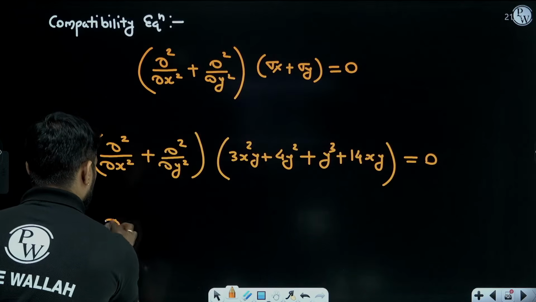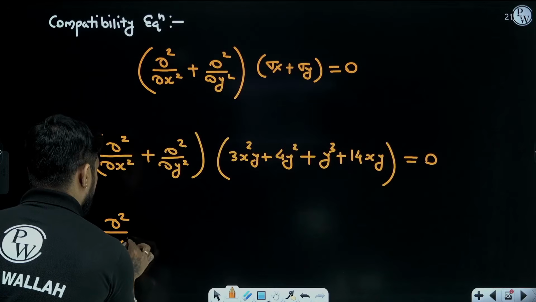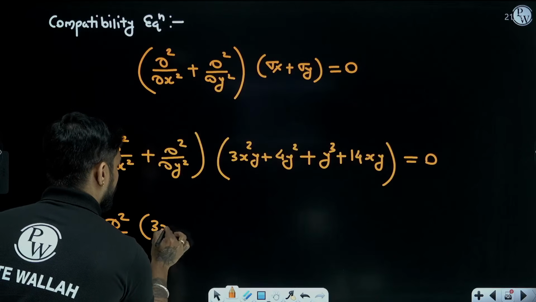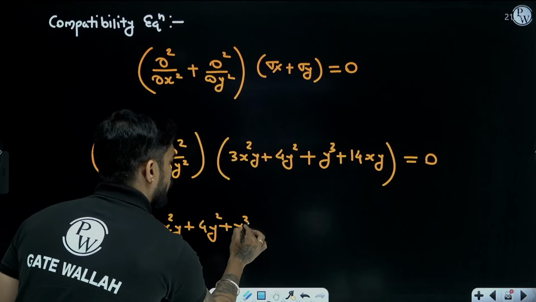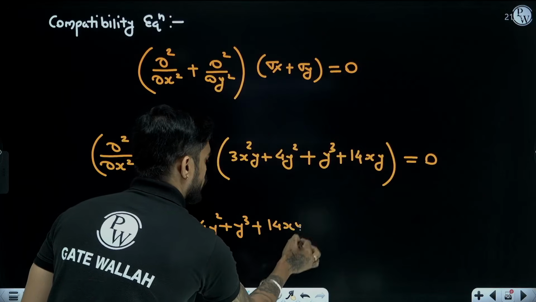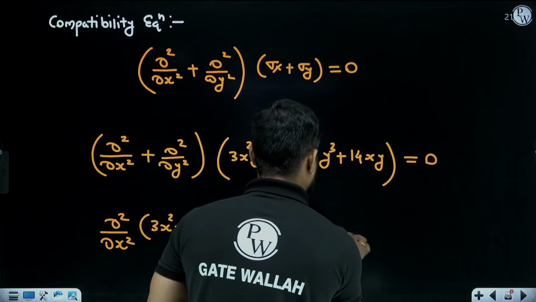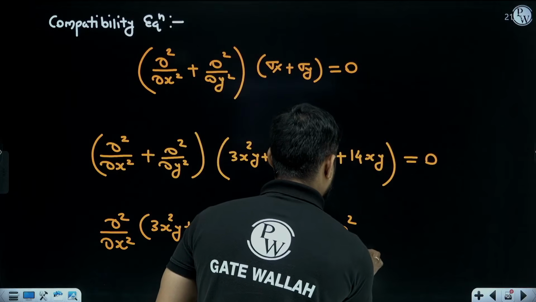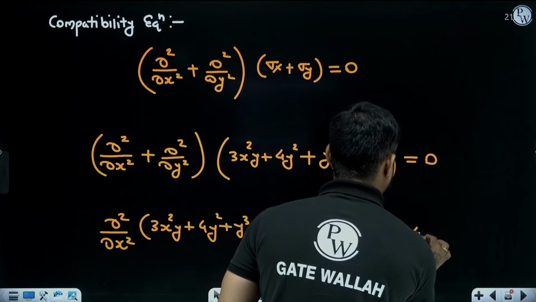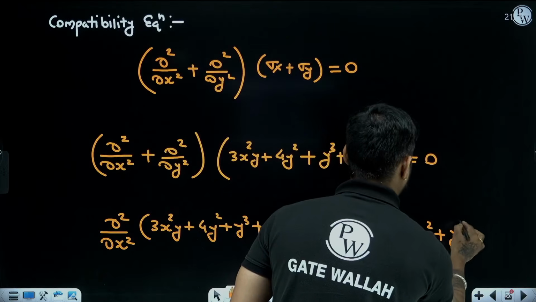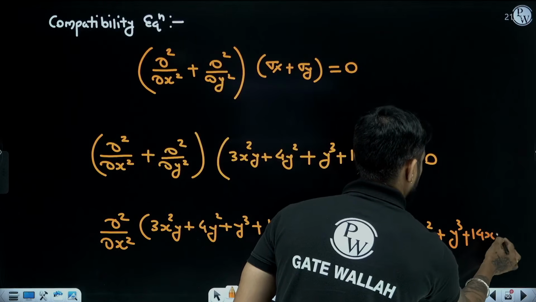What you can do? Del square by del x square of 3x square y plus 4y square plus y cube plus 14xy, plus dou square by dou y square of 3x square y plus 4y square plus y cube plus 14xy.